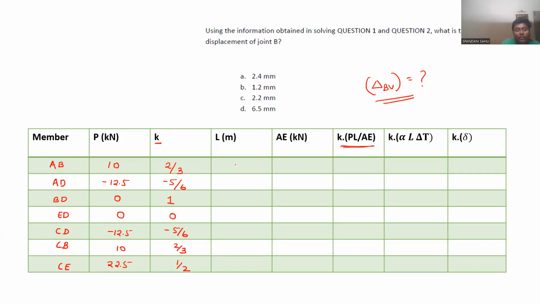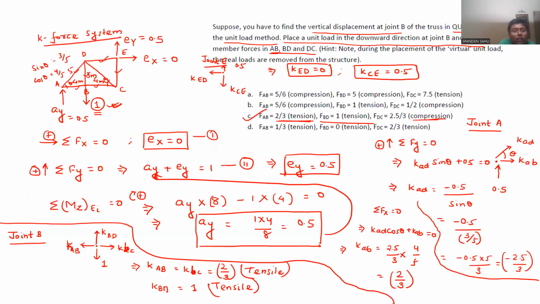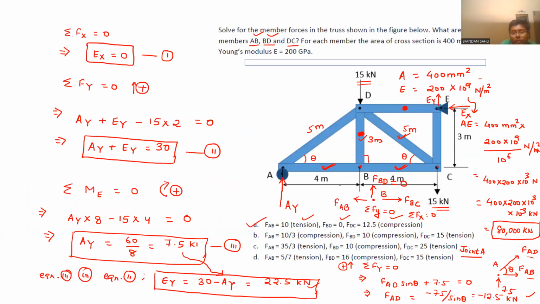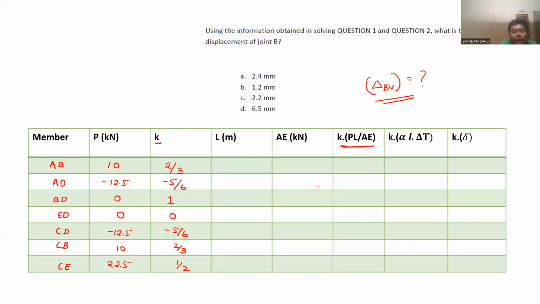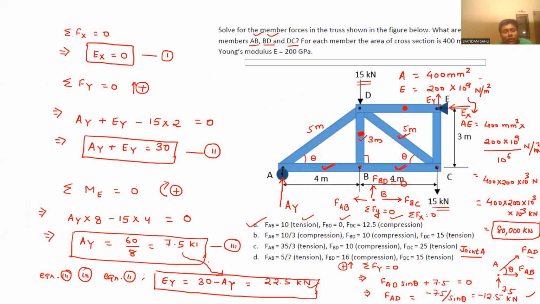And the lengths: for AB it is 4 meter, AD is 5 meter, BD is 3 meter, ED is 4 meter, CD is 5, CB is 4, CE is 3 meter.